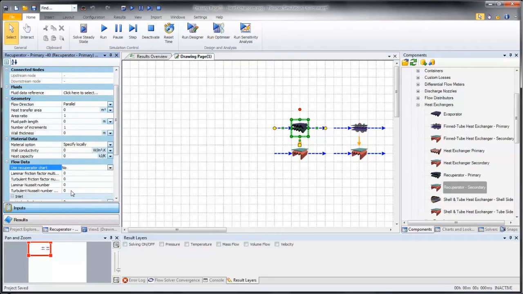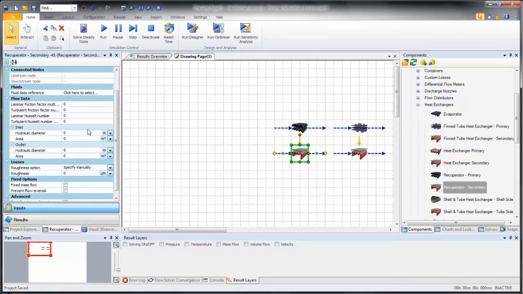The recuperator component furthermore assumes equal flow path distances for both hot and cold sides. So the secondary side's inputs boils down to only correlation factors and flow area specification. Extremely effective and easy to use, I'd say.